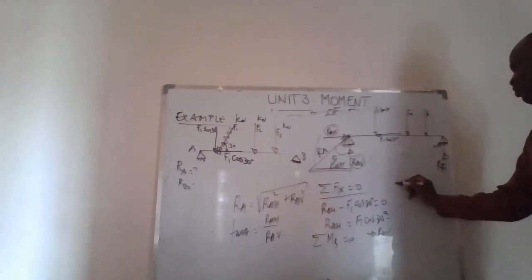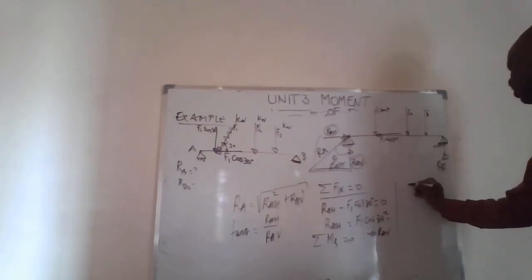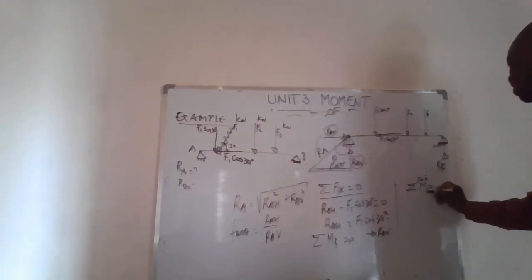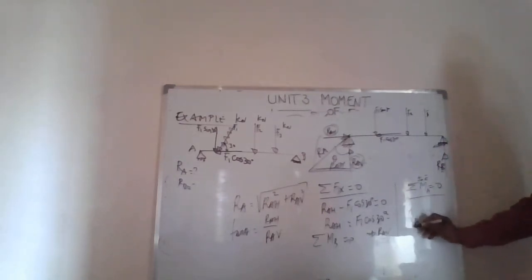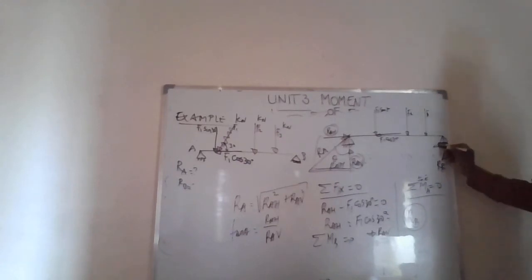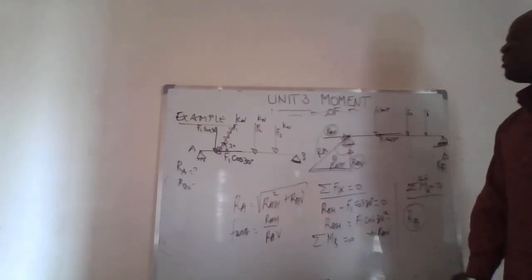And then to get the reaction RB, we need to do the sum of moments, clockwise and anti-clockwise, about A equal to 0. This equation will make us generate RB as our answer. Therefore, we'll have calculated our RB on the roller support. We'll have calculated our RA and RAH.